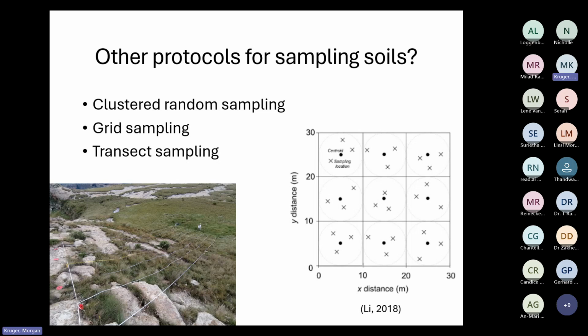And there's some other protocols as well. So those are not the only ones that I mentioned before. There are a few others. I've just mentioned them here briefly on the slide. Clustered sampling is a sampling technique where the entire population is divided into smaller groups known as clusters, and a random sample of these clusters is selected for study.